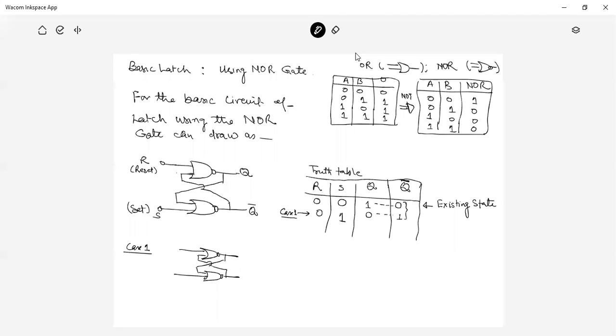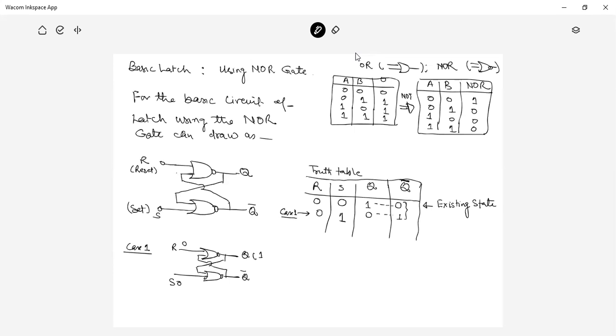R equals 0, S is 0. So if Q is 1, say this is Q and here it is Q bar.